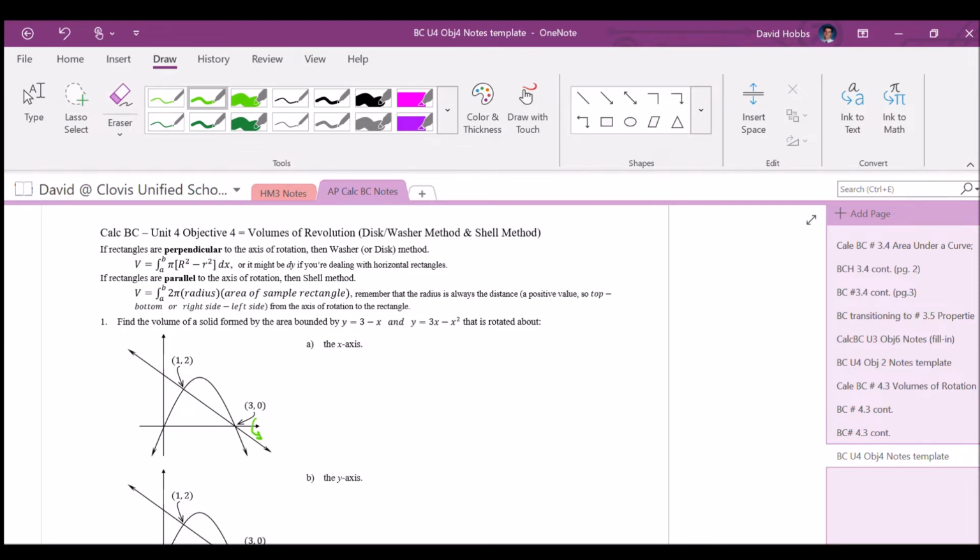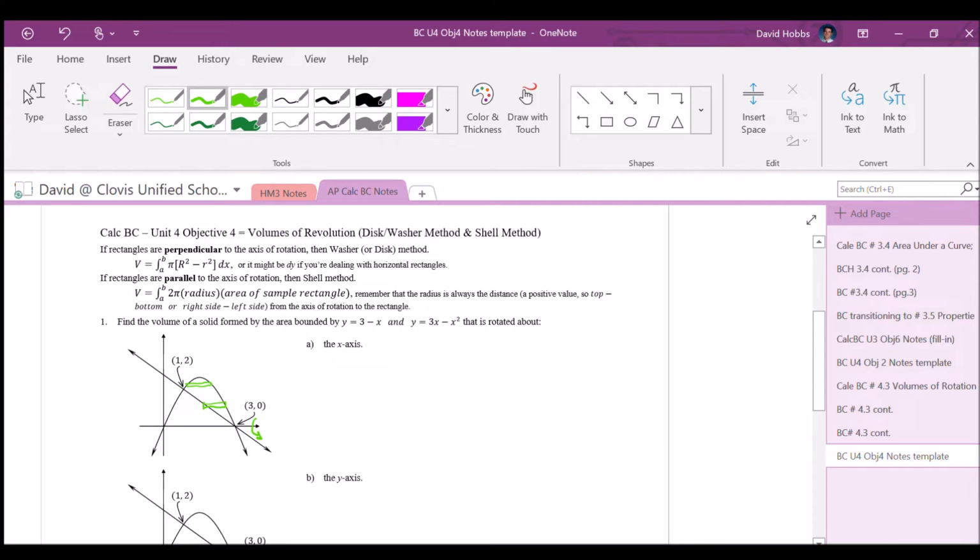Now we're trying to do this the easy way, and just because we have a new method, that doesn't mean that we have to use the new method. We want to do it a nice way. So for example, even if I were to look at horizontal rectangles here that would be parallel to the axis of rotation, down here where I drew it in, the right side is on the parabola, left side's on the line. But up here, right side's still on the parabola, but the left side's on the parabola as well.